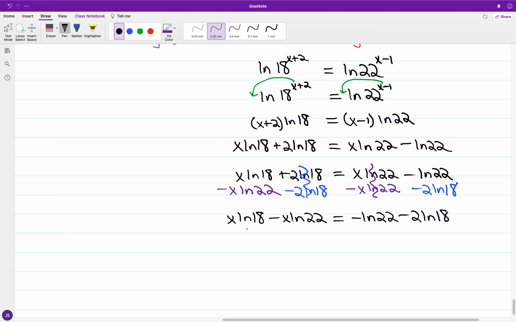Okay, and I'm still solving for x, but I've got a couple of x terms. To make this into one x expression, what I can do for this difference is factor out x. So if I factor out x from this difference, I'm going to have x times the difference between the natural log of 18 and the natural logarithm of 22.